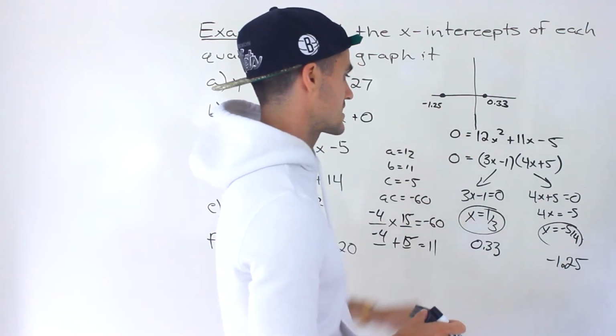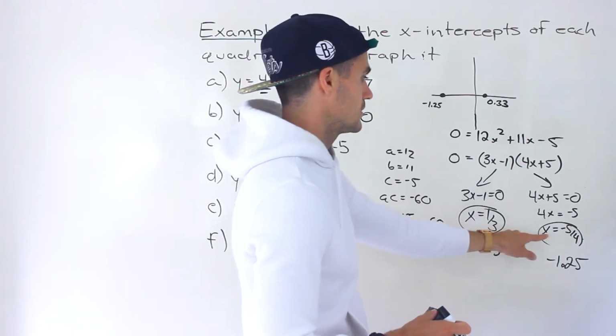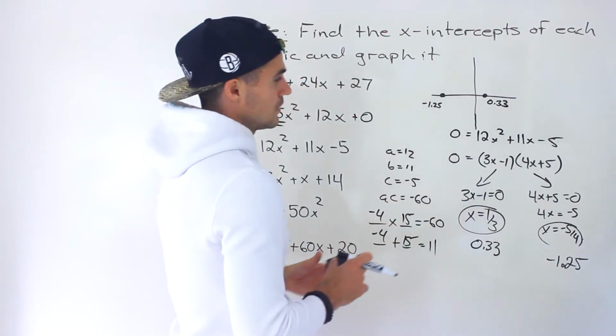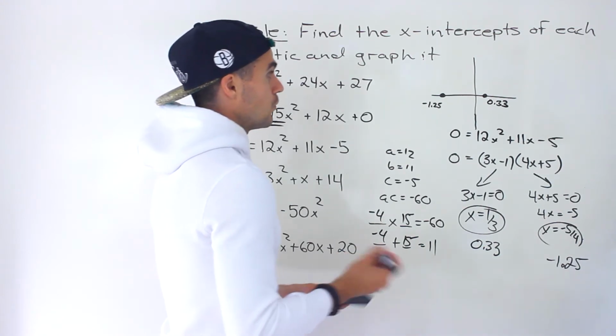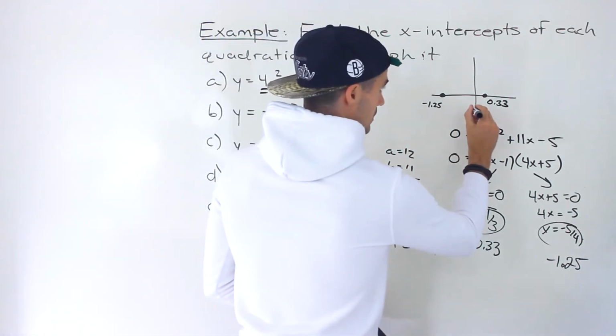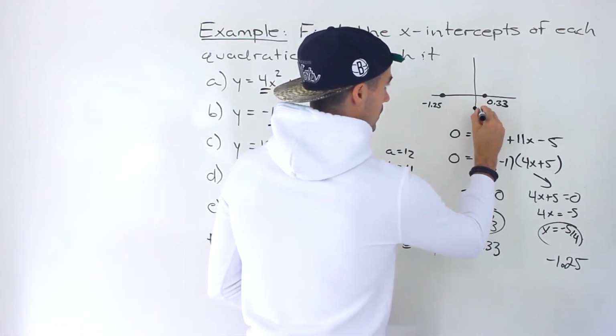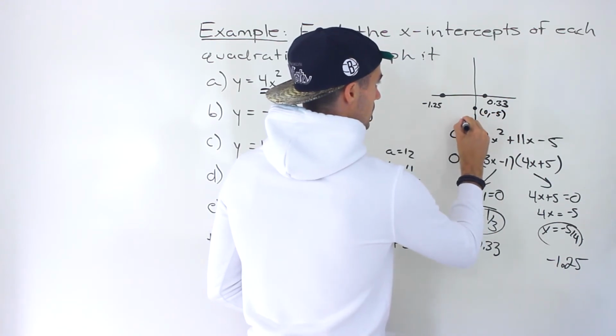Okay, I'm not sure what the exact value is going to be. You can get the approximate decimal value easily, but with the fractions, it would take a little bit more algebraic work. And then the y-intercept, also the c value, is -5. So it's going to be like right over here, 0 and -5. So the vertex is going to be somewhere like down here.